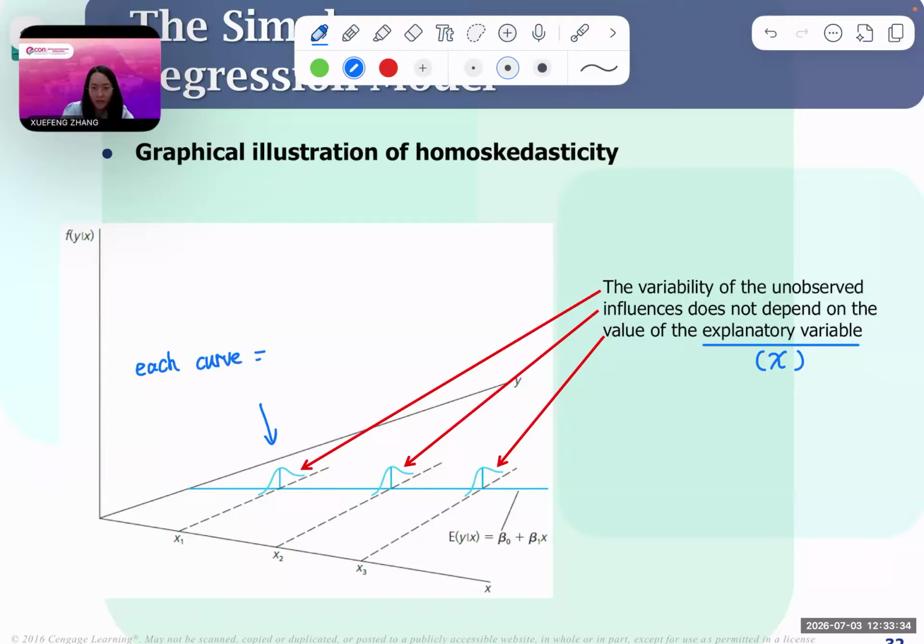Each curve means the spread of y values for people with that x. For x1 we have one here, x2 here, x3 here.